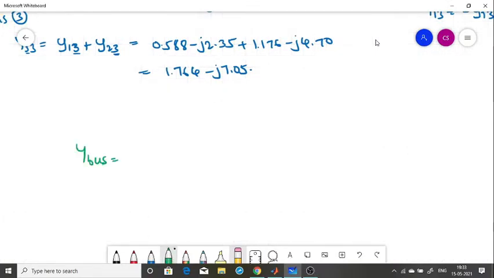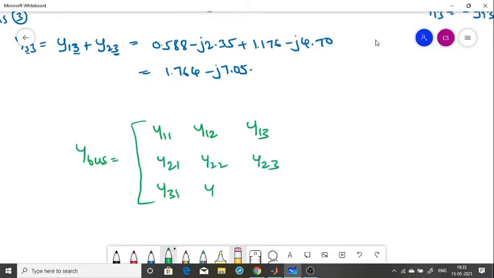Y bus is equal to Y11, Y12, Y13, Y21, Y22, Y23, Y31, Y32, Y33. This is a 3 by 3 matrix, indicating bus number 1, bus number 2, and bus number 3.